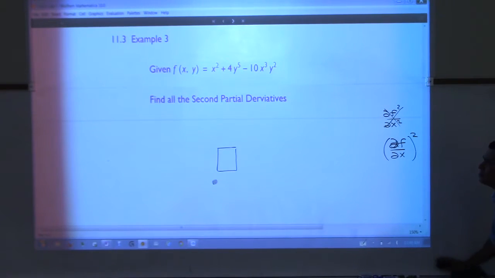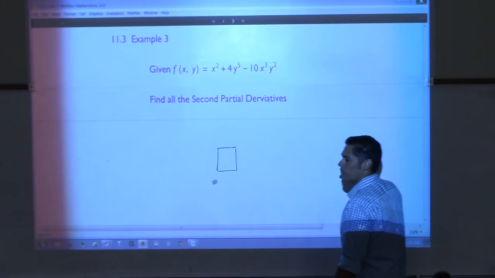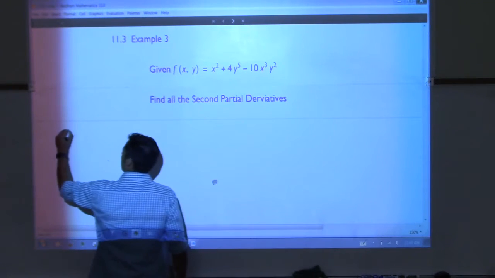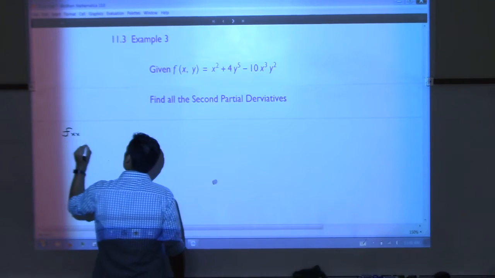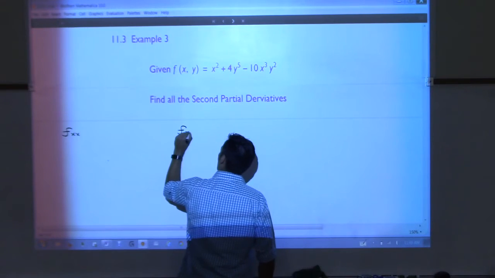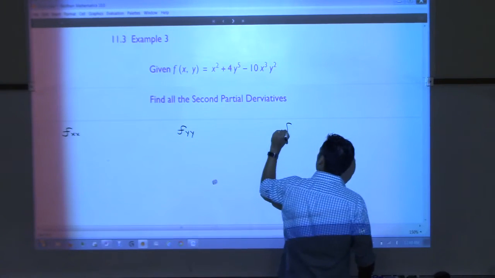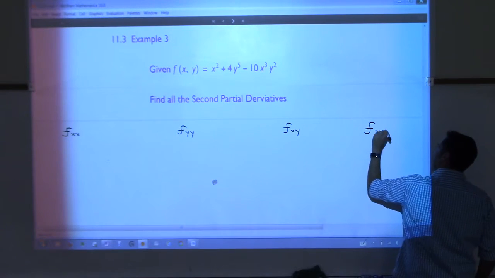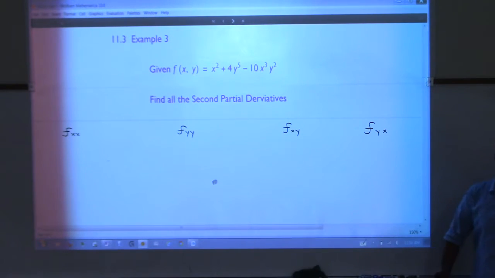How many second partial derivatives are there? There are only 4. What are they? fxx, fyy, fxy, and fyx, right? Those are the 4 partials possible. There are no other combinations we can create.